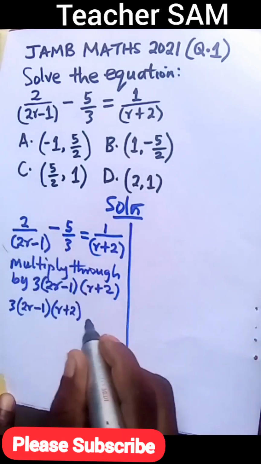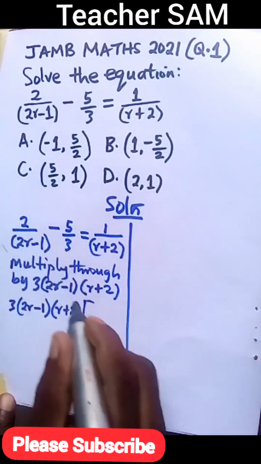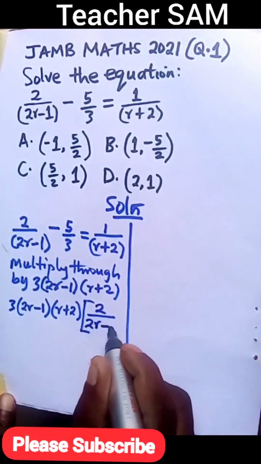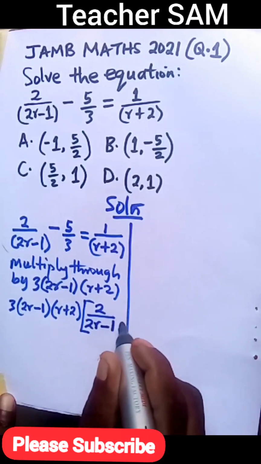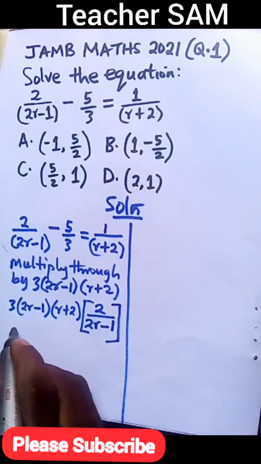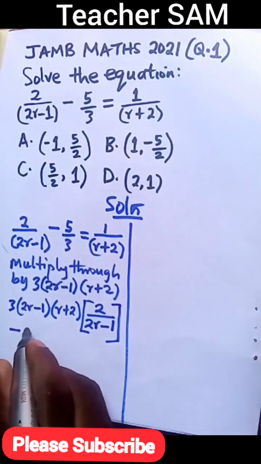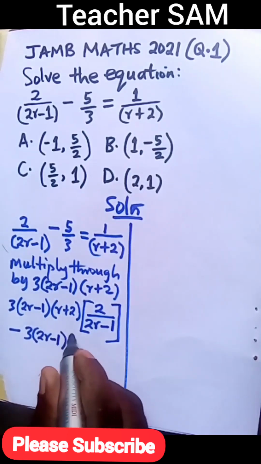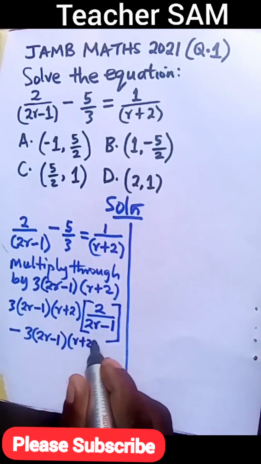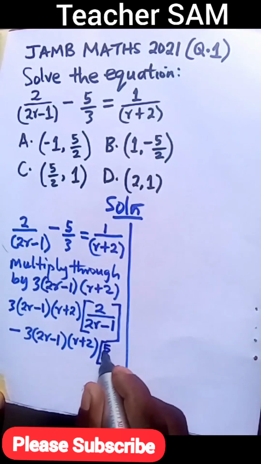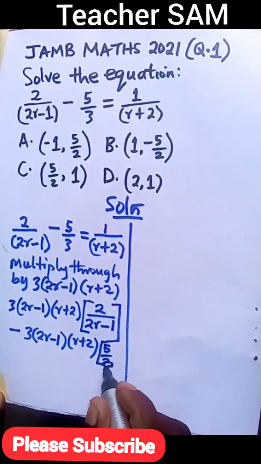We use that to multiply the first term first, so that it is easier to follow. Then minus, using 3 into 2r minus 1 times r plus 2 to multiply 5 over 3.